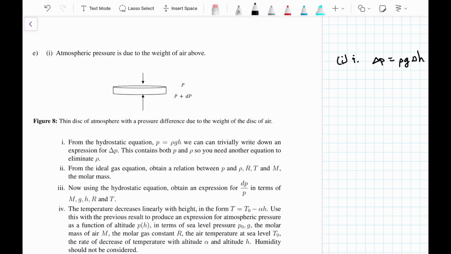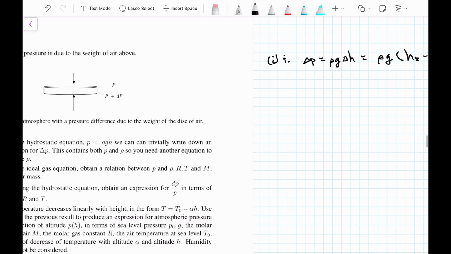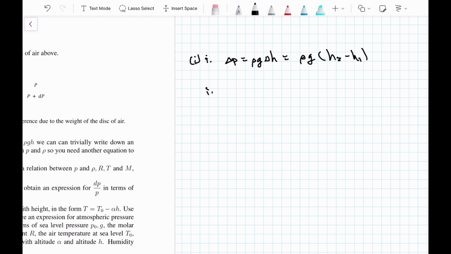Okay, so then we move on to the second part. From the ideal gas equation, obtain a relation between P and rho, R, T, and M, the molar mass. Let's write down the ideal gas equation first. So it should be PV is equal to nRT.